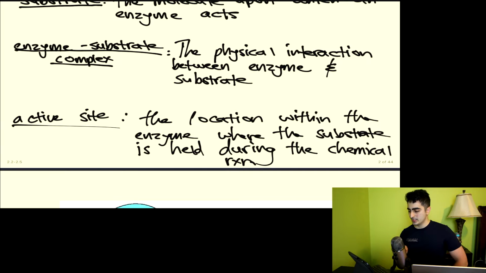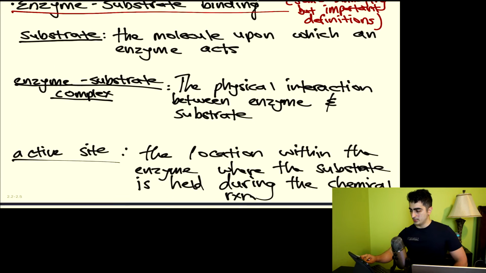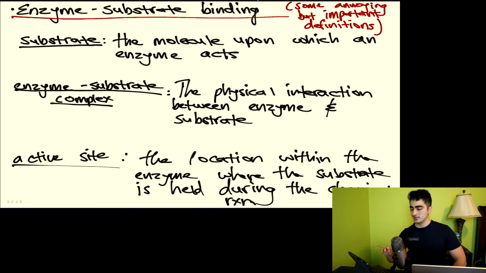So the active site is the location within the enzyme where the substrate is held during the chemical reaction. Now that's really, really important to know because when we talk about active site and allosteric sites, those are two different things. The active site is where the chemical reaction takes place, and later we're going to find out that the allosteric site on the enzyme is where modifications can happen to the enzyme.